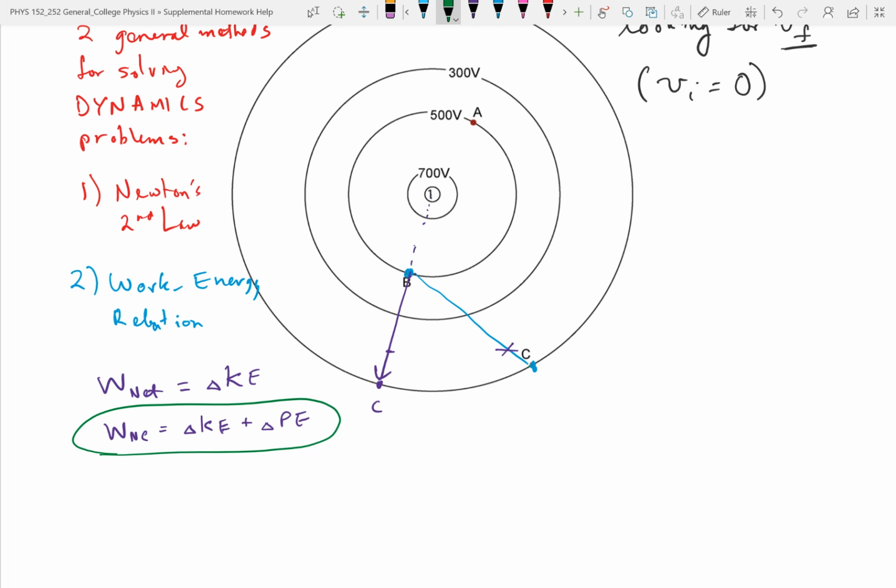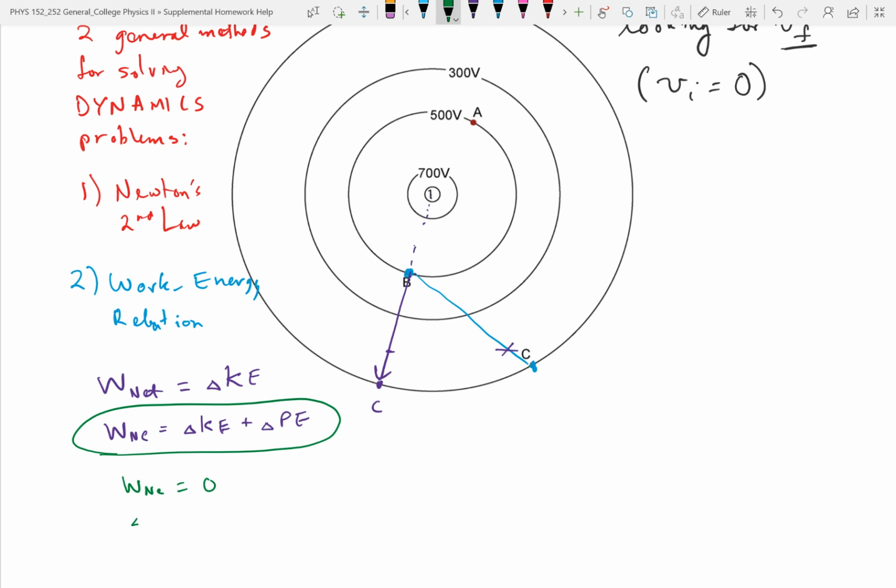So I look at this problem and ask, is there non-conservative work being done on my particle? That is, do we have a force of friction, or somebody pushing it? The answer is no. The only thing acting on it is the electric force, which is conservative. So we have work non-conservative equals 0.